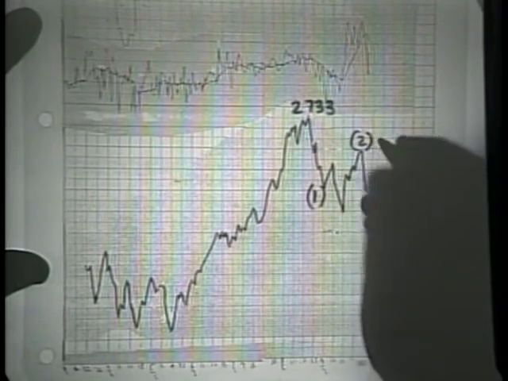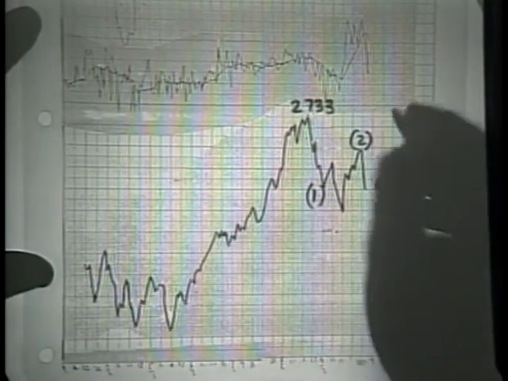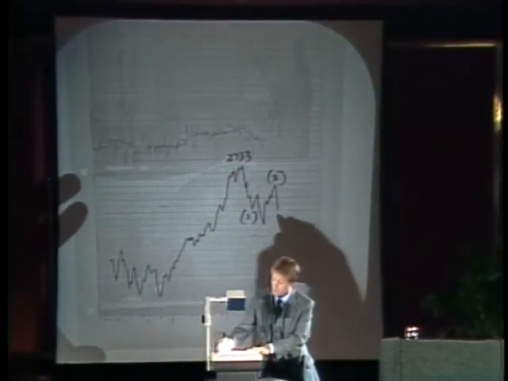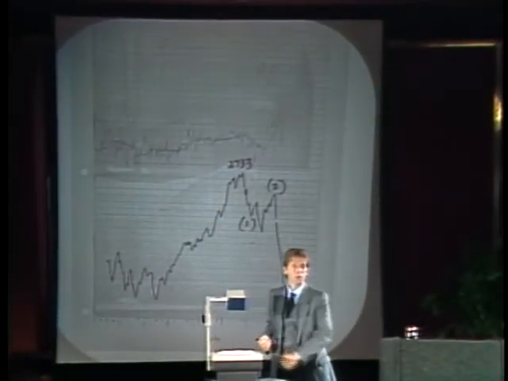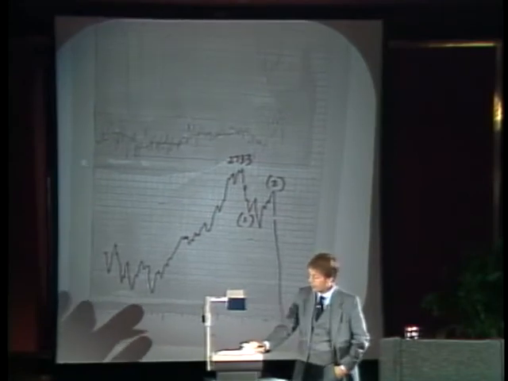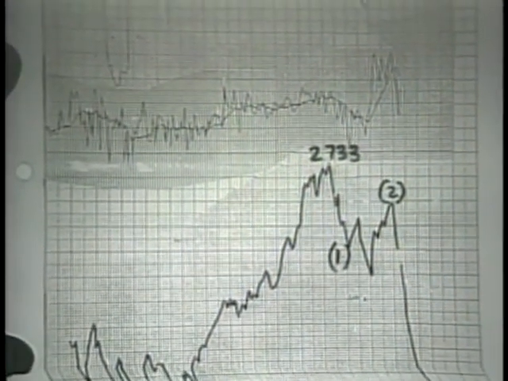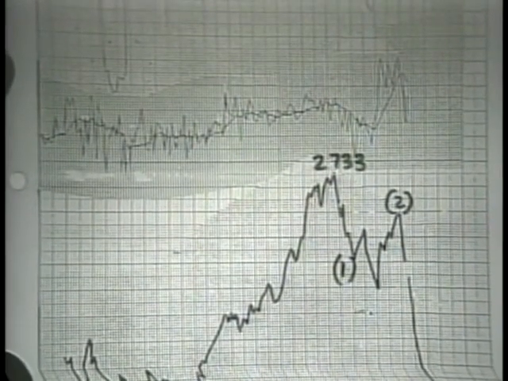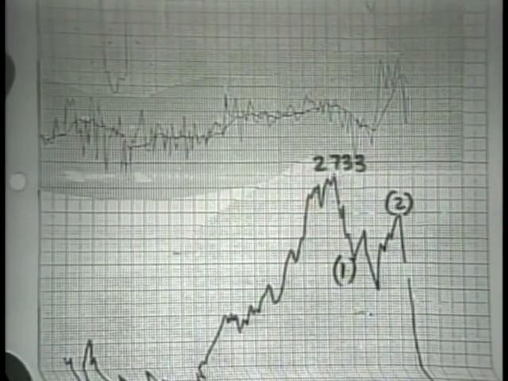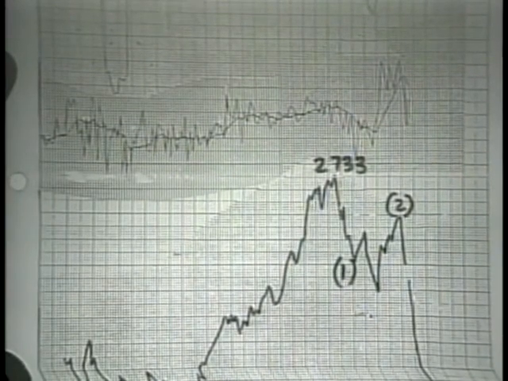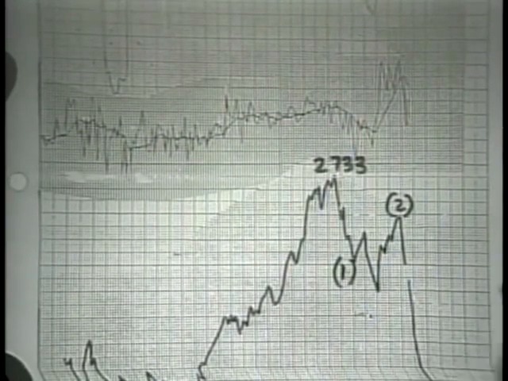This is wave 2. This is the picture we looked at earlier on the Dow when we looked at the Dow weekly. And what took place after this was down to wave 3 in October. But the point that I want to make here is in regard to this chart, which is a 10-day moving average of weighted futures premiums that we keep. Now this is the zero line here.